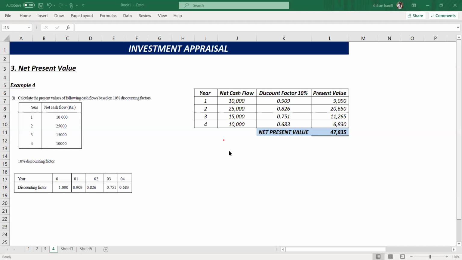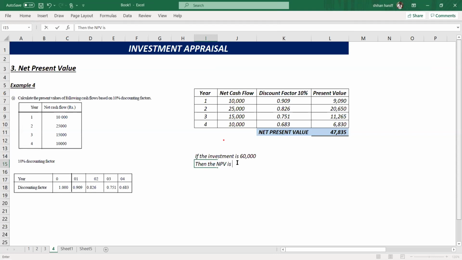So let's say here the investment is 60,000. Then the NPV is how much?